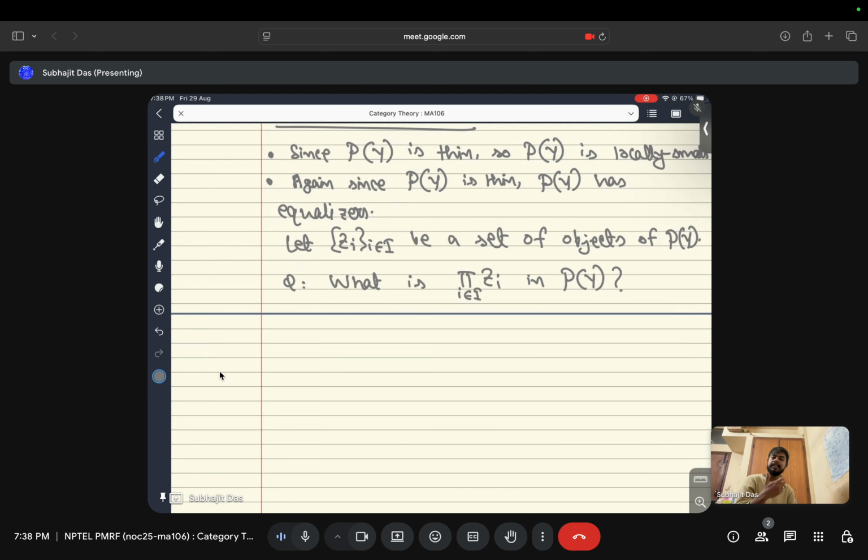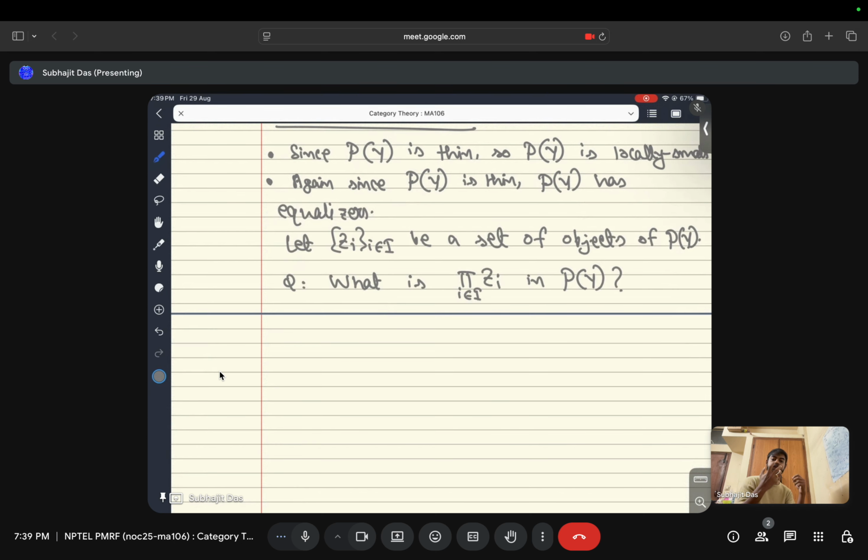So think about it. What is the product of a family of objects? It is an object in Py, so it should be a subset of Y together with maps to every zi, which means that this product of zi's should be contained in each zj. And this should be the universal one among all.